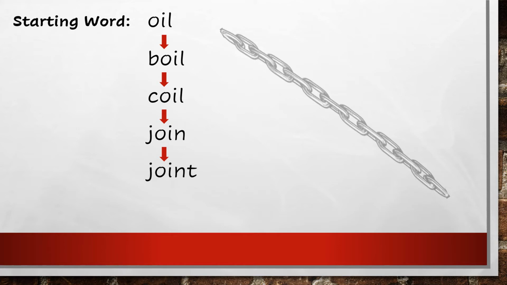The last step in this chain is going to be draw that arrow and change the word joint into the word point. Go ahead and write that now on your paper. What do you need to change to turn the word joint into the word point?